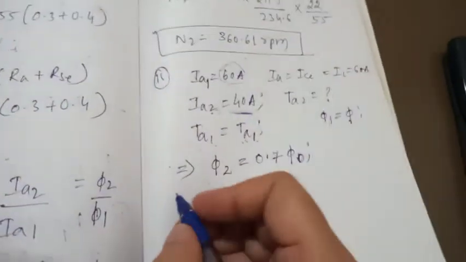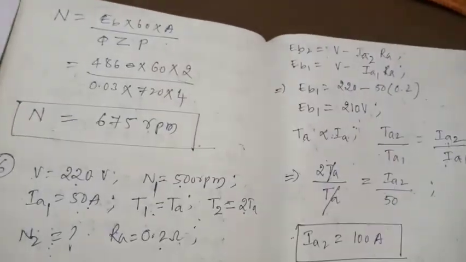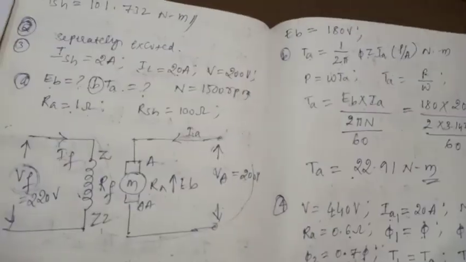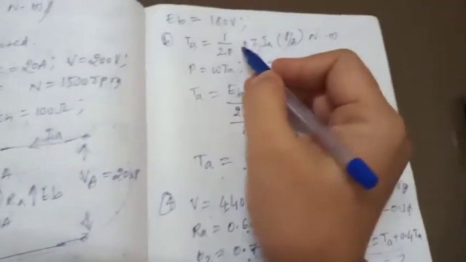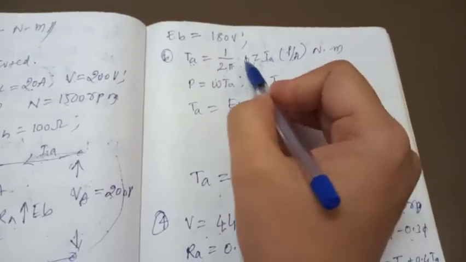For this I have a formula. What is the torque formula? TA is equal to 1 by 2 pi into phi z into Ia into P by A. Which are the constants? TA is directly proportional to phi into Ia, right?